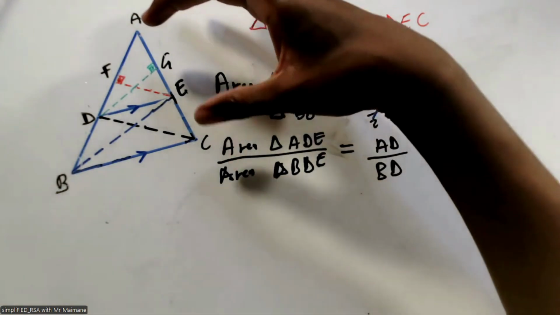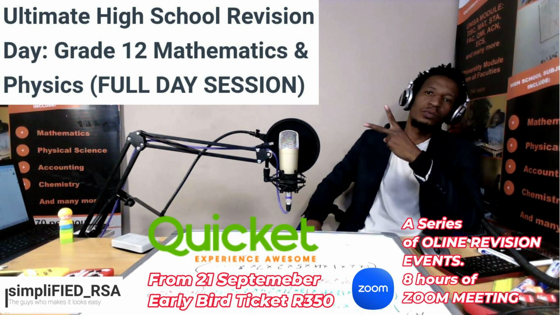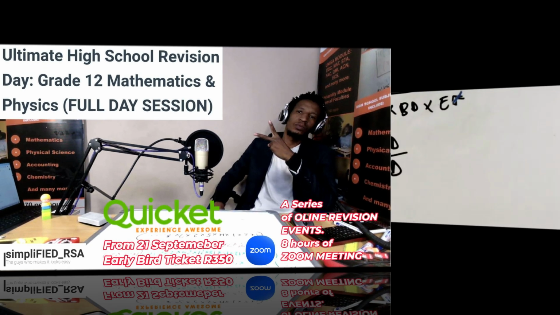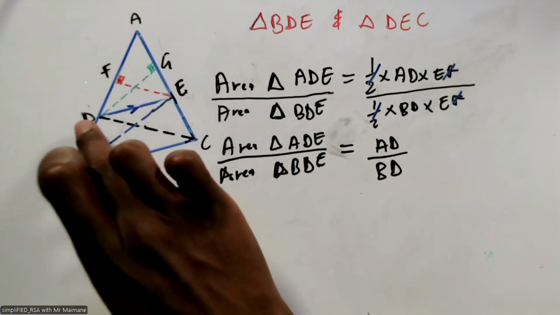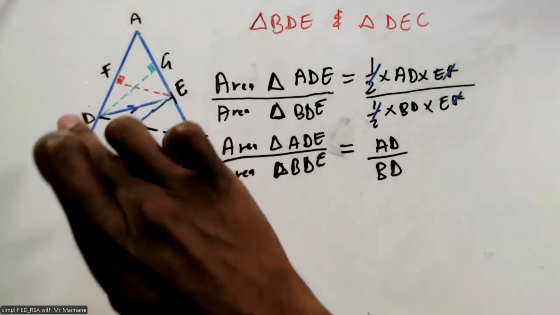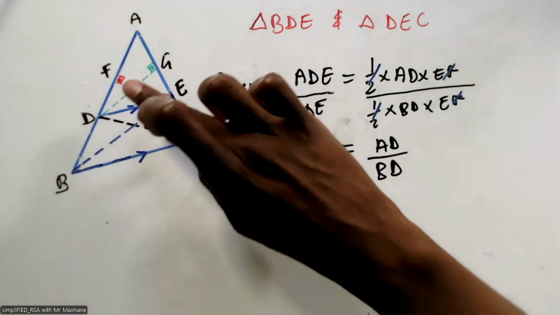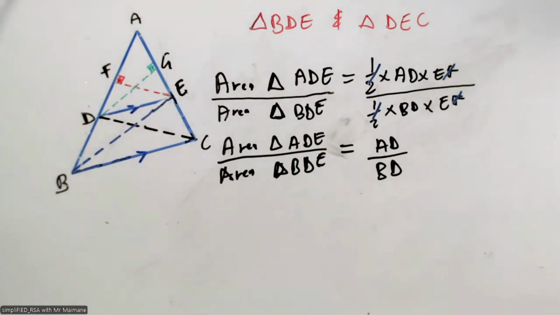Let's look at the other side, whereby we are looking at the other height now, DG. DG is a height that is shared by two triangles also. Triangle DEC and triangle ADE share the very same height, which is DG on the other side.